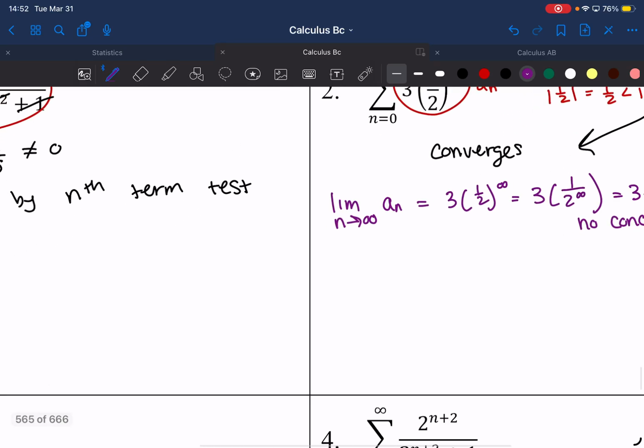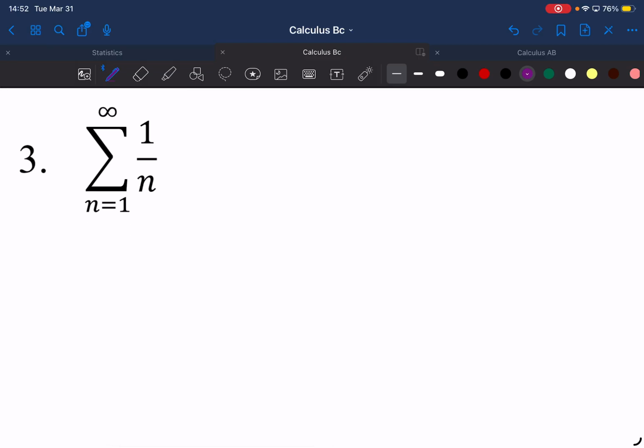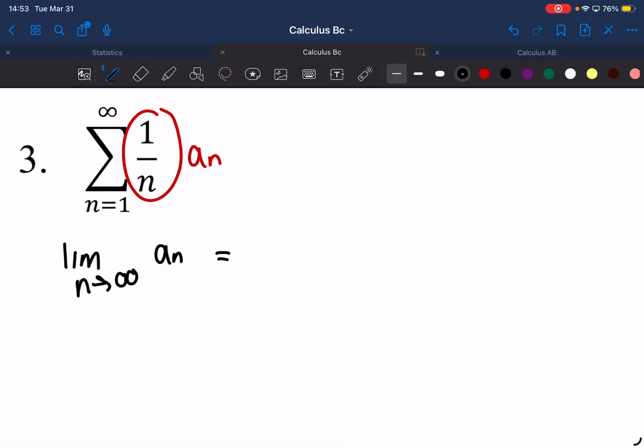Okay, another good example is number 3. Notice we have the summation as n equals 1 to infinity of 1 over n. Remember, this entire part is a sub n. We're doing the limit as n approaches infinity of a sub n. So that means n is infinity. So as the denominator is rapidly increasing, that entire part, 1 over n, is going to approach 0.